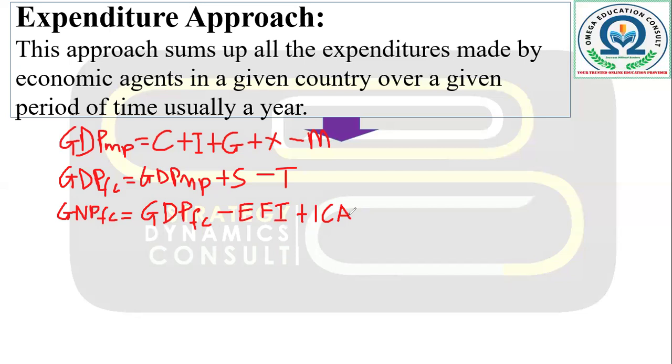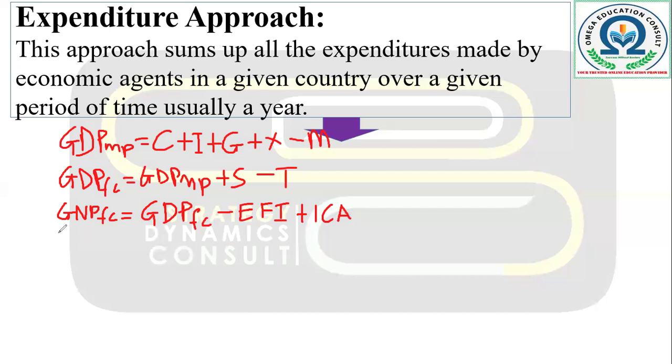So to arrive at the GNP at factor cost, we take the gross domestic product at factor cost, deduct the foreigners' income, which is the expatriate factor income, and then we go and search for our citizens abroad and bring their income back. This gives us truly what belongs to only the Ghanaians, the expenses of all citizens of a given country, both residing in the country and residing abroad.